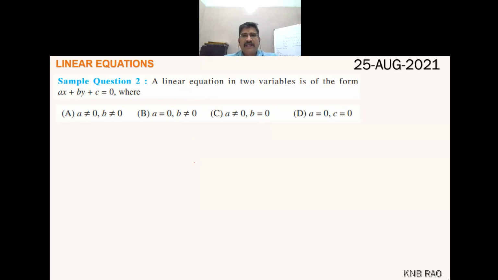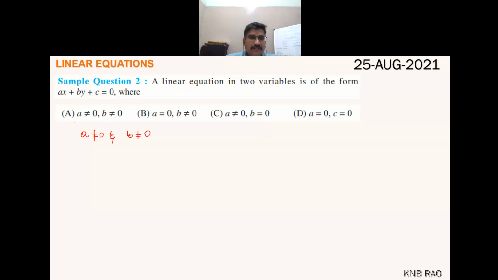Here, a linear equation in two variables is of the form ax plus by plus c equals 0, where, in the definition itself, the coefficient of the variable x should not be 0 and the coefficient of the variable y should not be 0.